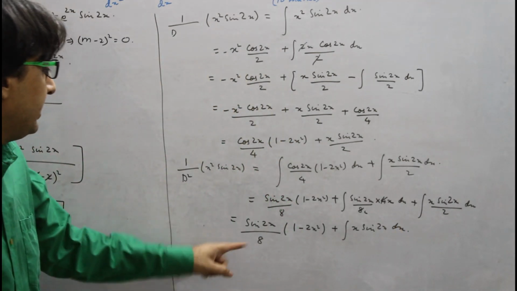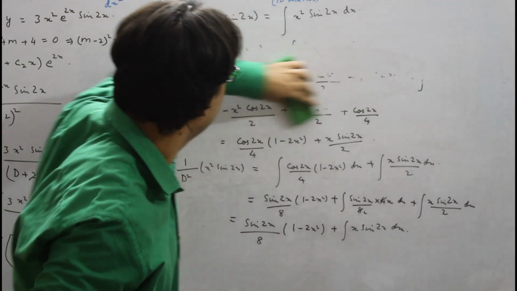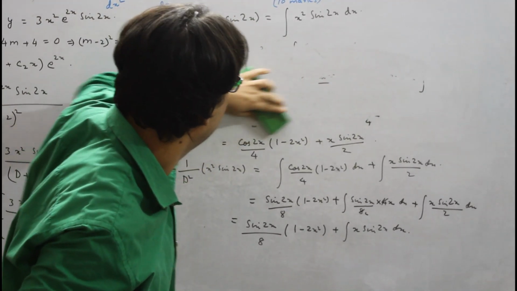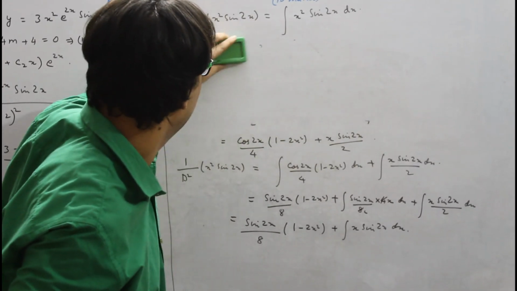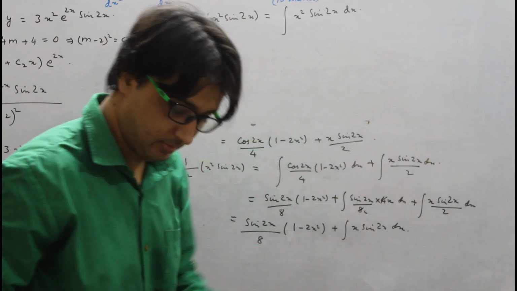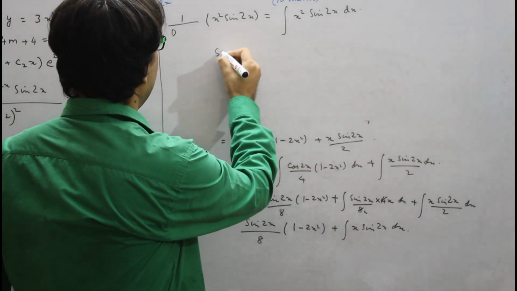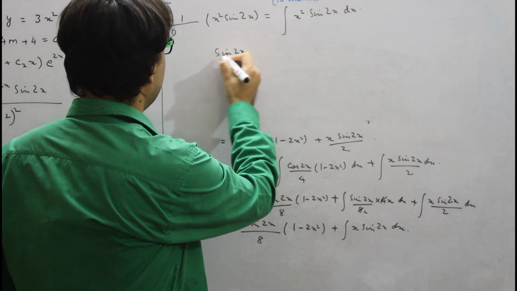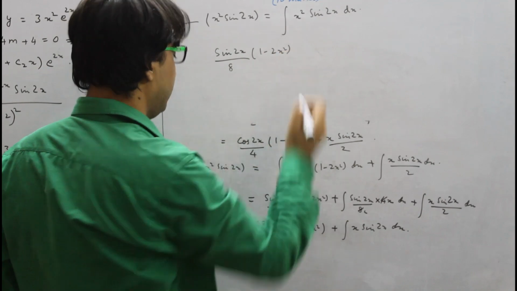So I can write, on the upper portion, this can be written as sine 2x divided by 8, 1 minus 2x square.